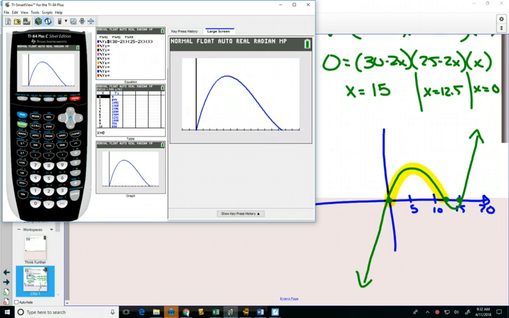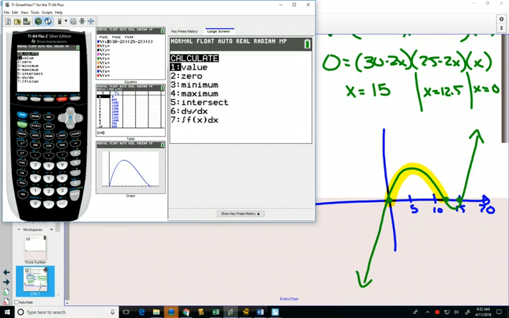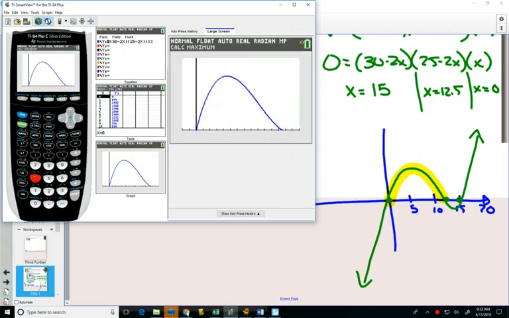And now that we have that graph, we can find the maximum. Second, calculate. Number 4, the maximum. Now again, you can use your left and right keys to get to the left side. A shortcut, since I know this is from 0 to 15, can you tell that 3 is definitely to the left of the maximum? So if you just push 3, it'll automatically go to 3, which is a little bit quicker than hitting the arrows.